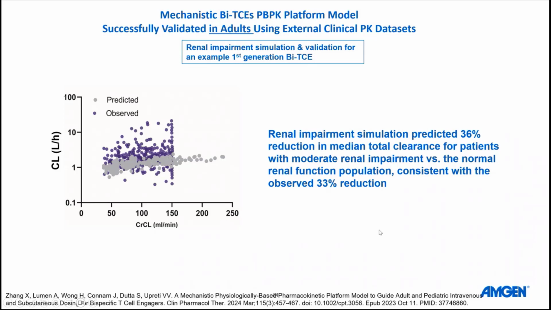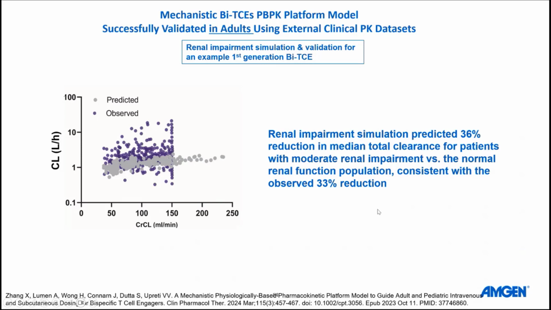For this specific BiTCE, we have observed around a 36% reduction in the clinic in the total clearance for mild to moderate renal impairment patients. And you can see that we were able to predict this around 36% reduction fairly well.